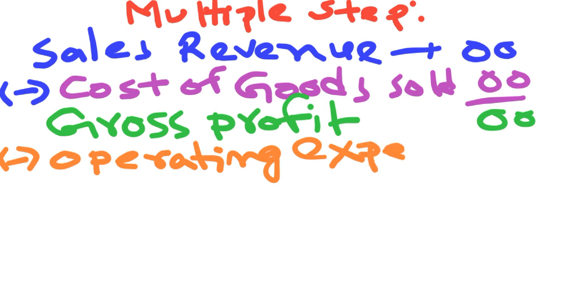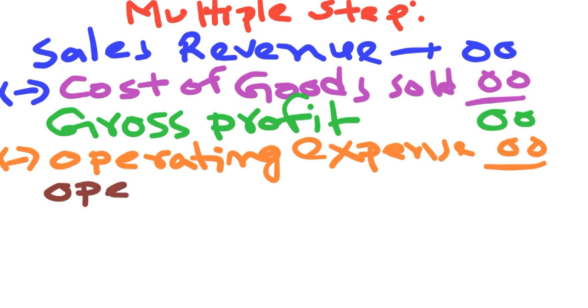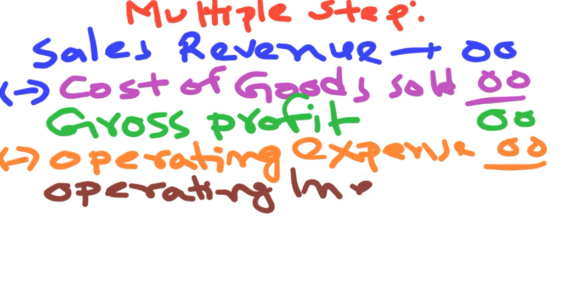After subtracting operating expense, we now have operating income. Okay, this is our operating income.